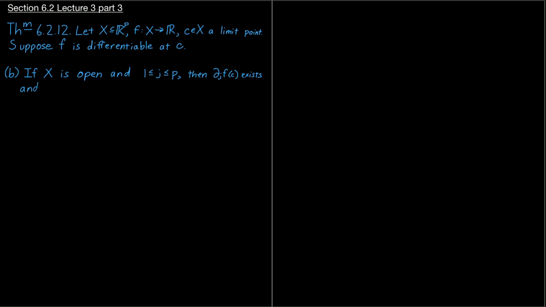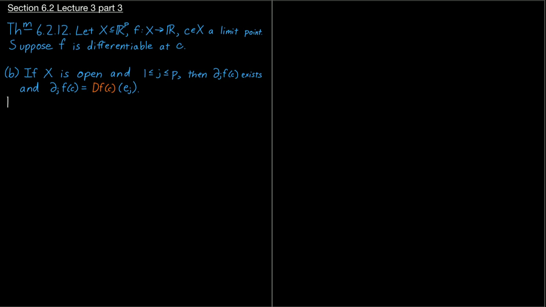And partial j f of c, I can actually tell you what it is. It is df of c, the linear function, evaluated at the vector ej. That's the vector with zeros in all its regular spots and a 1 in the jth spot.